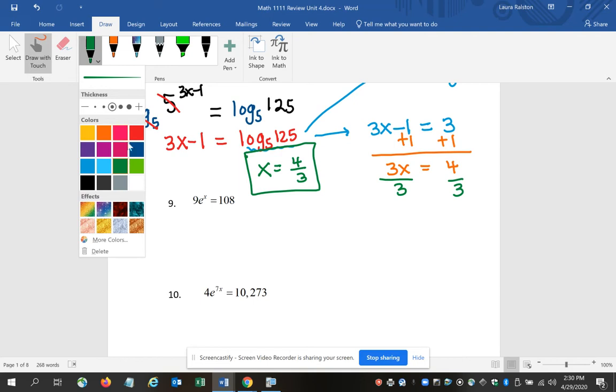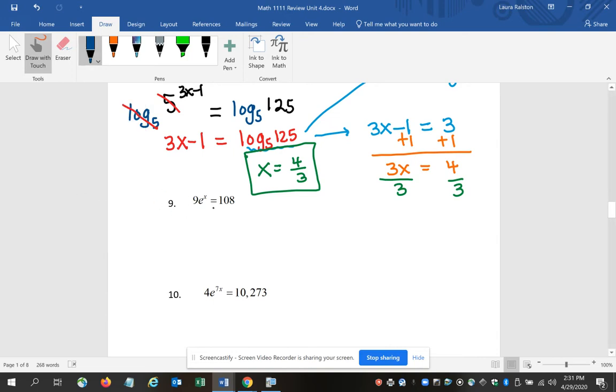All right, number 9 is 9e to the x equals 108. Again, I notice that this is an exponential because the variable is in the exponent, but my exponent piece, my e to the x, is not isolated by itself as it was in the first problem there.